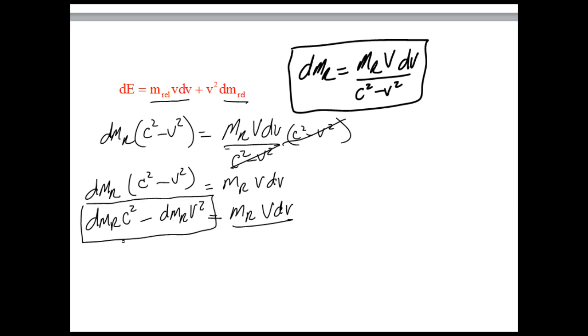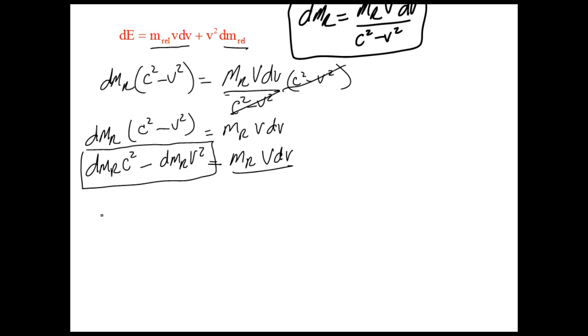So the change in energy is equal to, plug this in, change in relative mass times c squared minus change in relative mass times v squared. Then I have plus v squared dm relative.